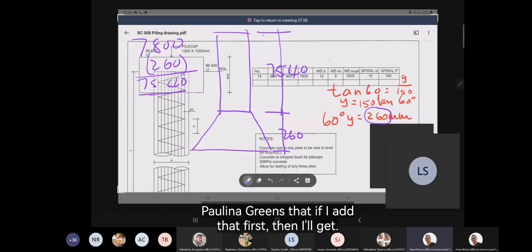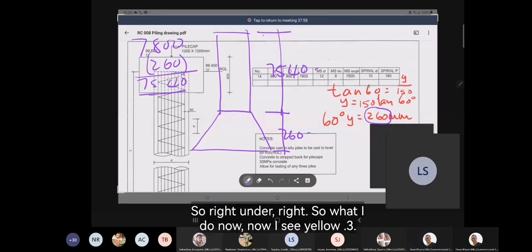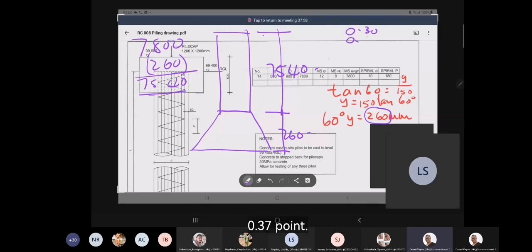All in agreement that if I add that plus that, I get 7,800, right? So what I do now, I say 0.3, 7.54 times 5 times 14.